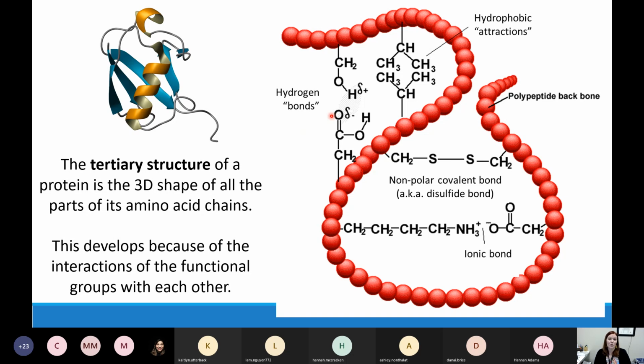When we start talking about tertiary structure, we're interacting things that were really far apart. So the hydrogen bond between an amino acid up here and the amino acid down here is going to fold this whole protein from being just one flat long chain to kind of folding up on itself. So hydrogen bonds are one way we can build tertiary structure.